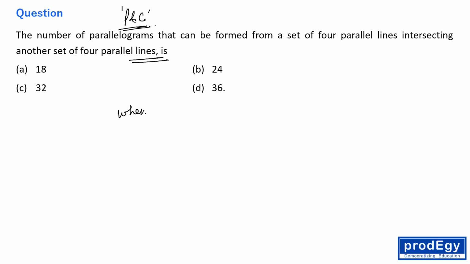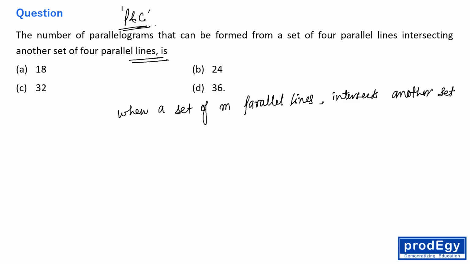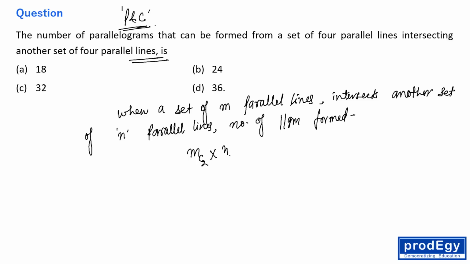When a set of m parallel lines intersects another set of n parallel lines, the number of parallelograms formed is equal to mC2 into nC2.